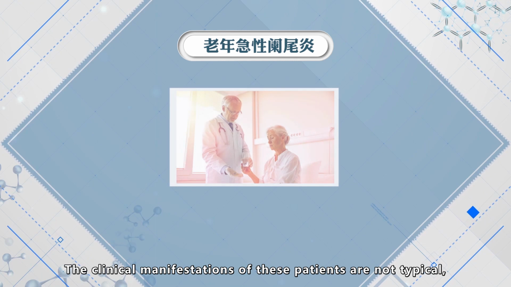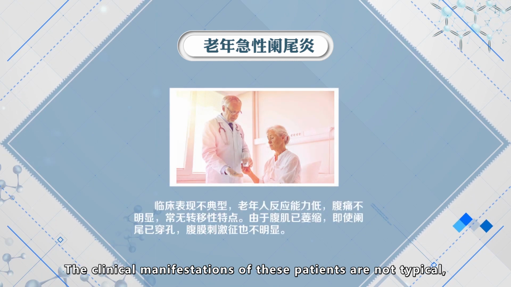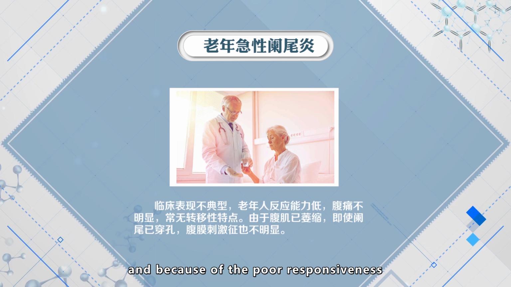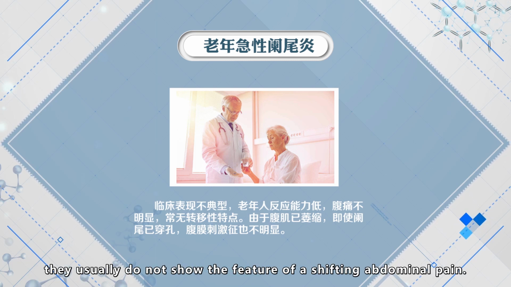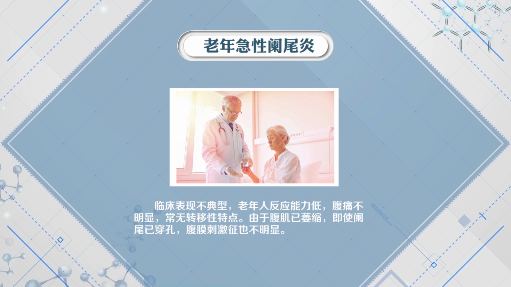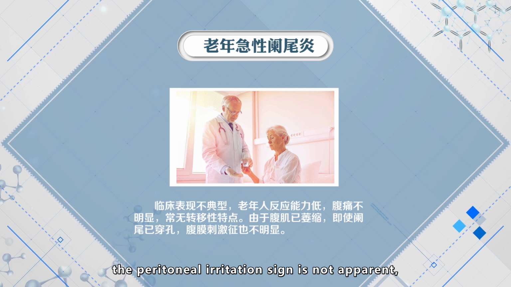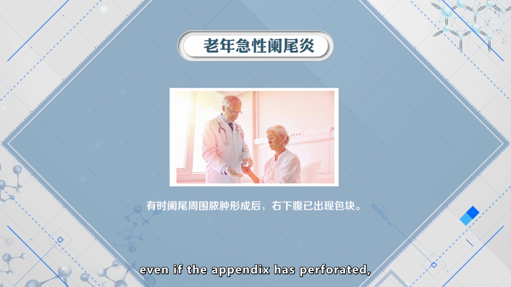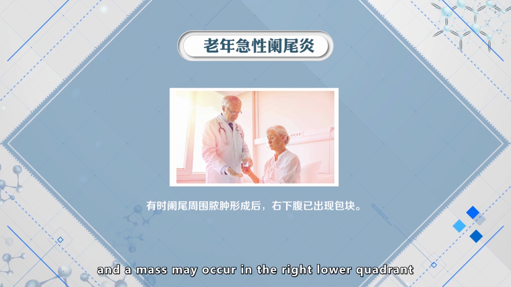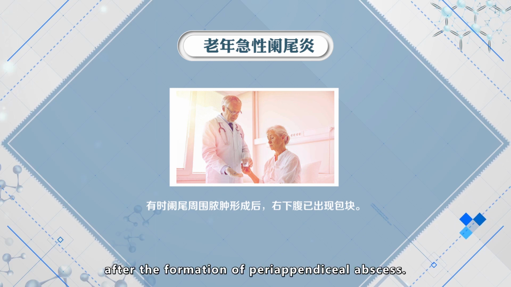The clinical manifestations of those patients are not typical, and because of the poor responsiveness and obscure abdominal pain of all the patients, they usually don't show the feature of the shifting abdominal pain. Since the abdominal muscle has shrunk, the peritoneal irritation sign is not apparent, even if the appendix has perforated, and a mass may occur in the right lower quadrant after the formation of periappendiceal abscess.